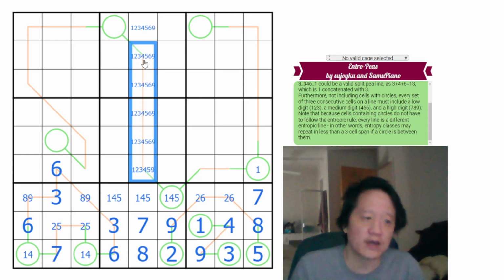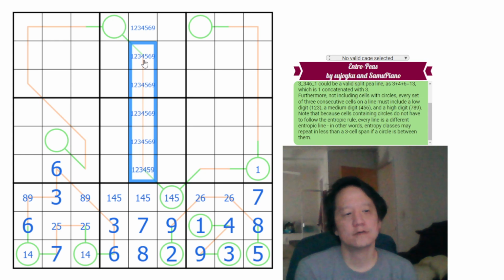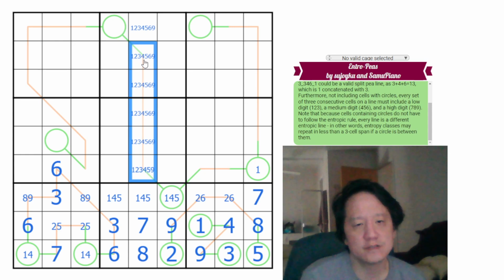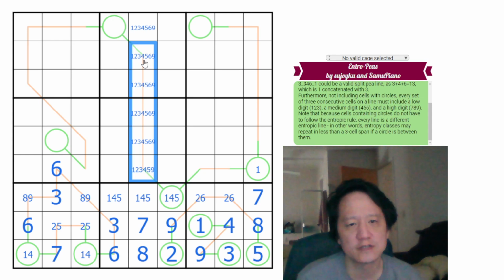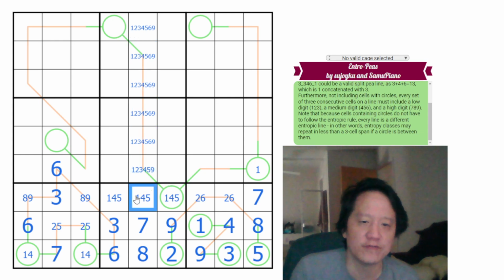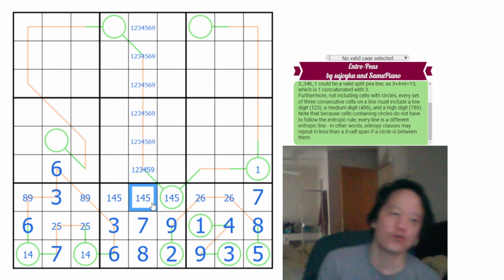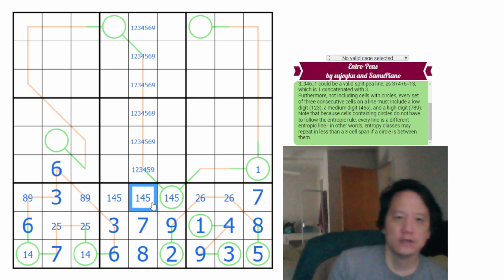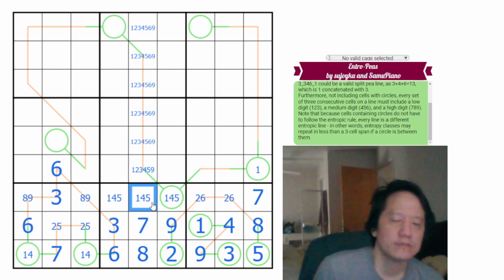Okay, so it can't be that. 2, 4, 5, 6, 9 is 26, and that's not possible. 1, 4, 5, 6, 9 is not possible because of this. So it can't be 1, 4, 5, 6, 9. So that's all the 4, 5, 6, 9s.